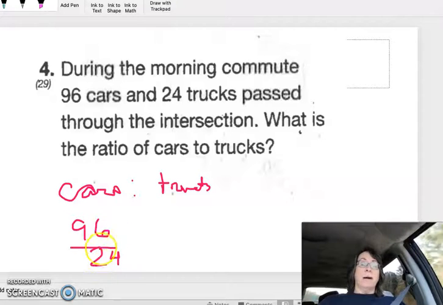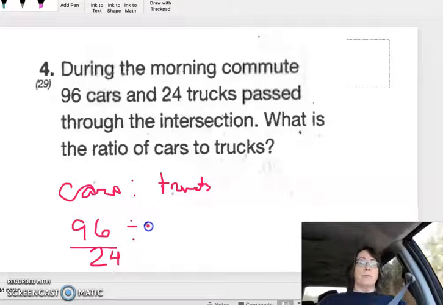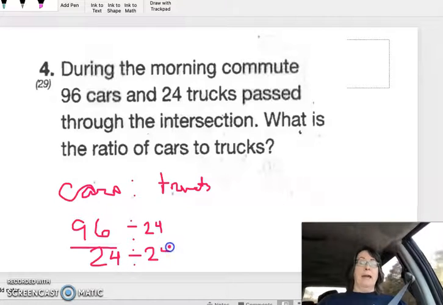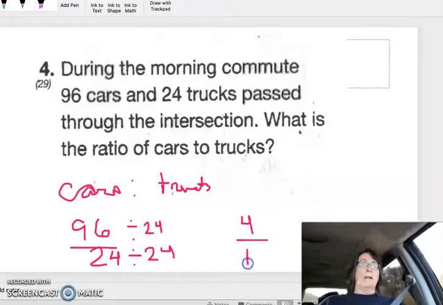And guess what? 24 goes evenly into 96 4 times. So basically, I'm dividing the numerator by 24 and dividing the denominator by 24, and I'm getting 4 over 1, or 4 to 1.